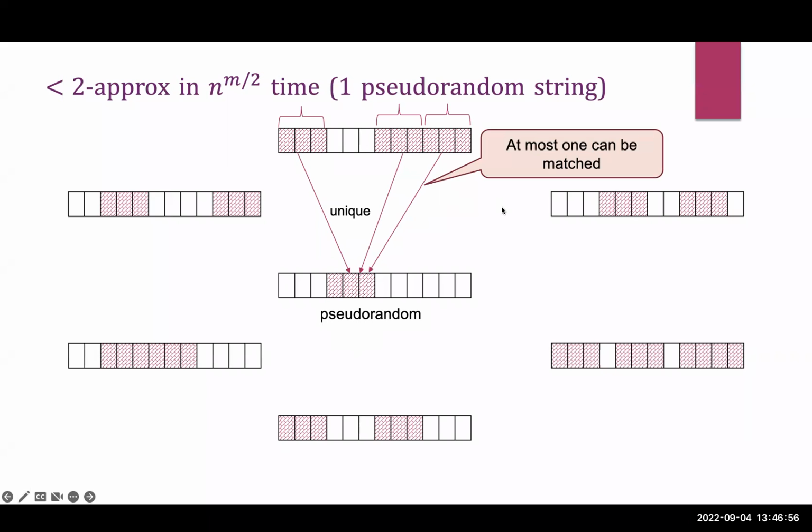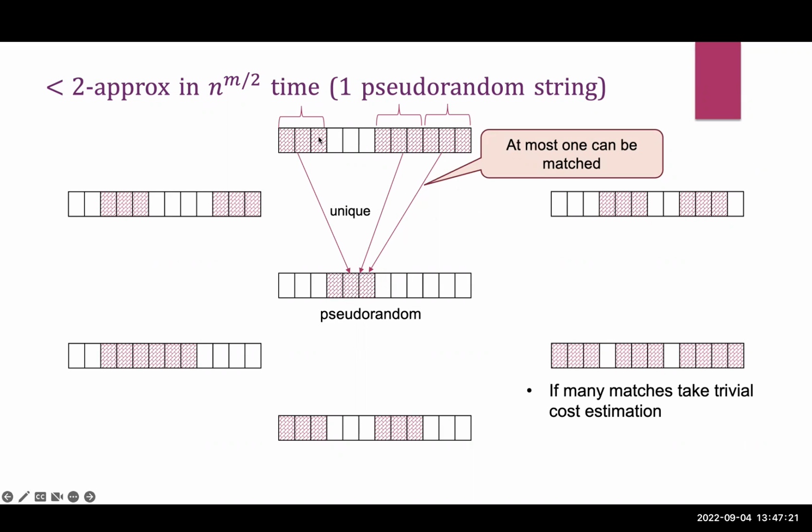We cannot match all 3 of them together in the optimal alignment. At most one can be matched. And that is why, for a pseudorandom substring, if there are a lot of substrings in the adversarial string that can be matched with small cost, then because we can match at most one of them, for the rest of the pairs we need to take a large cost match.